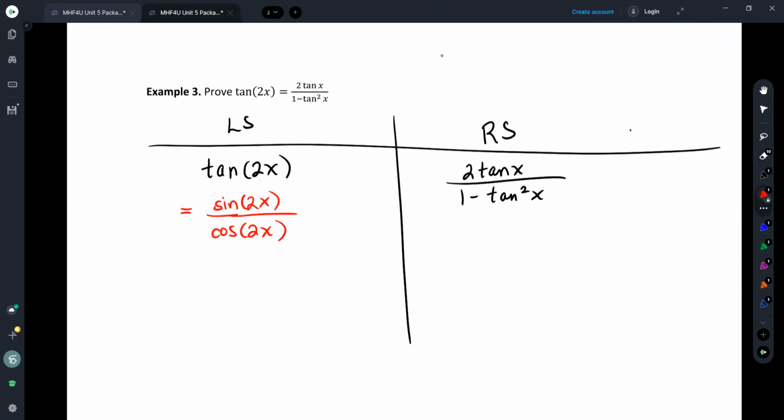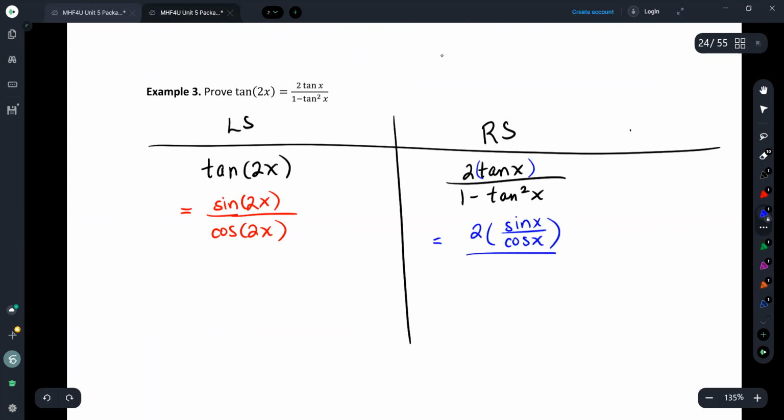Okay, so we can go a little bit further with this one, but I'm going to suggest that we work a bit on the right side until we figure out what we need on the right side to decide where we want to go on the left side. So I'm going to replace tan x with sine x over cos x.